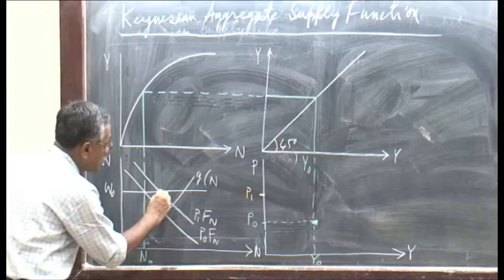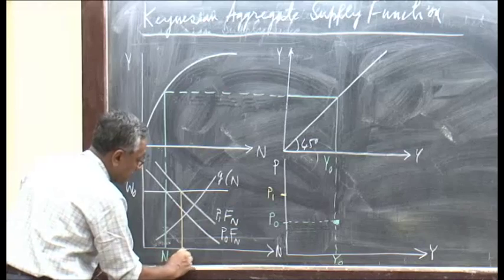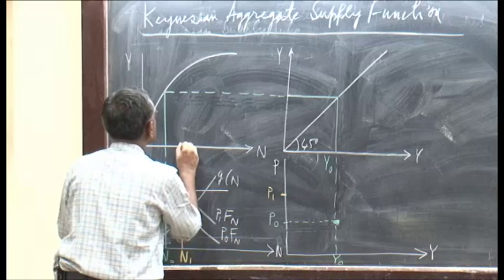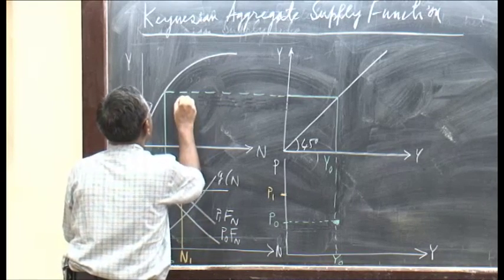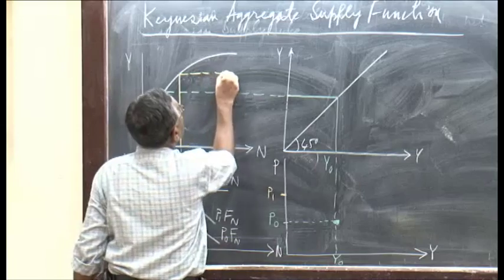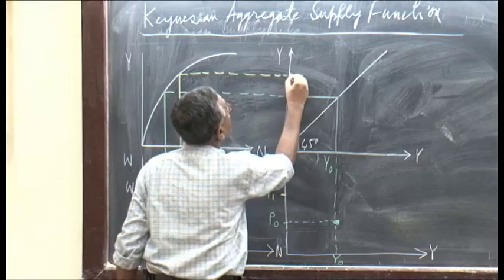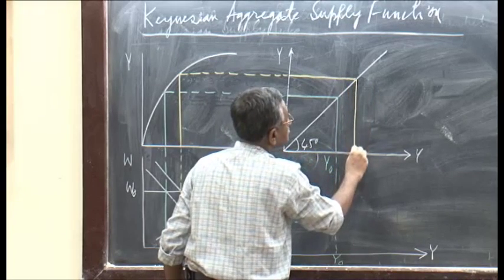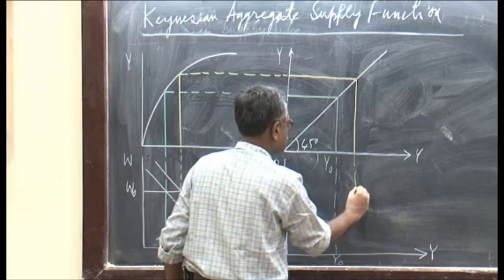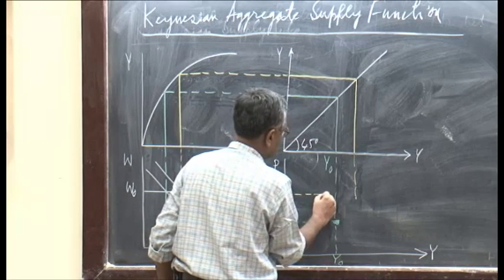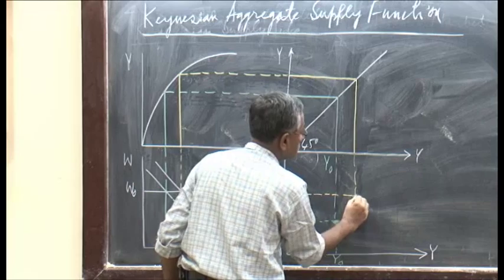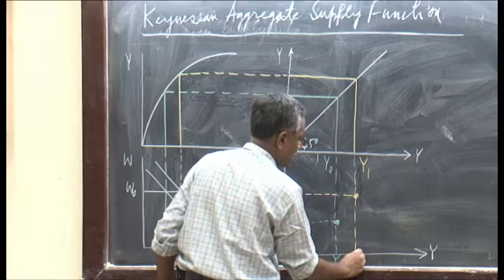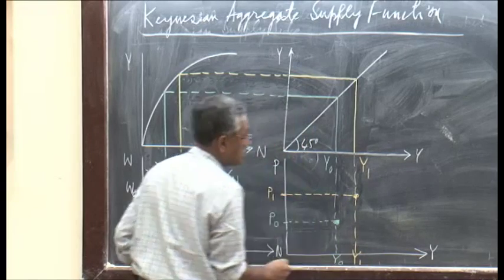There will be a higher amount of employment, which is N1, and you can again find out the output, which is y1.